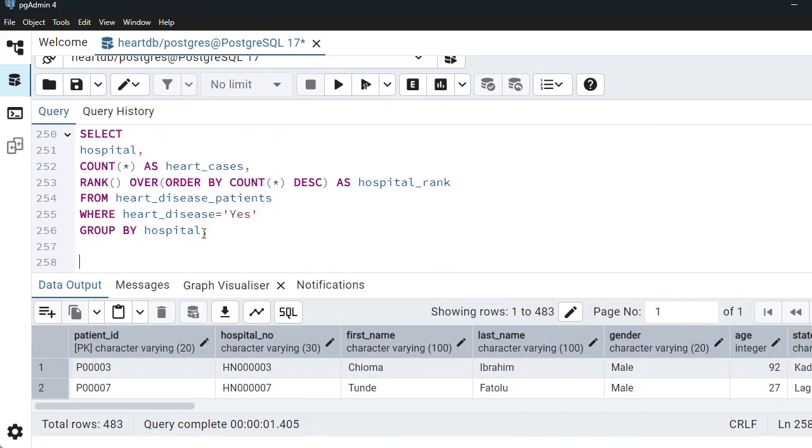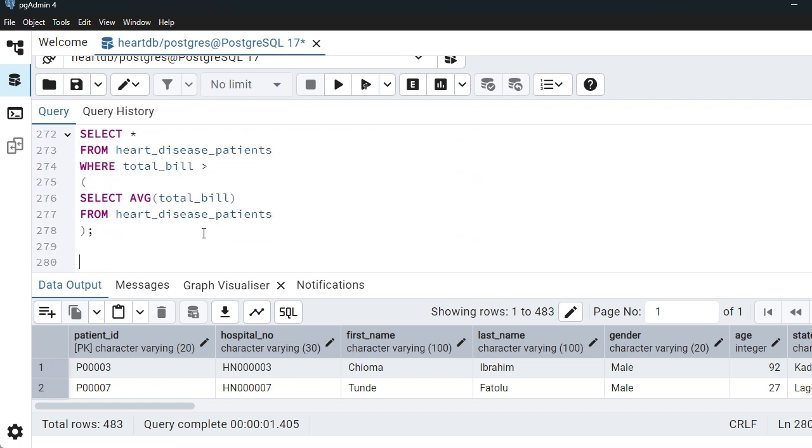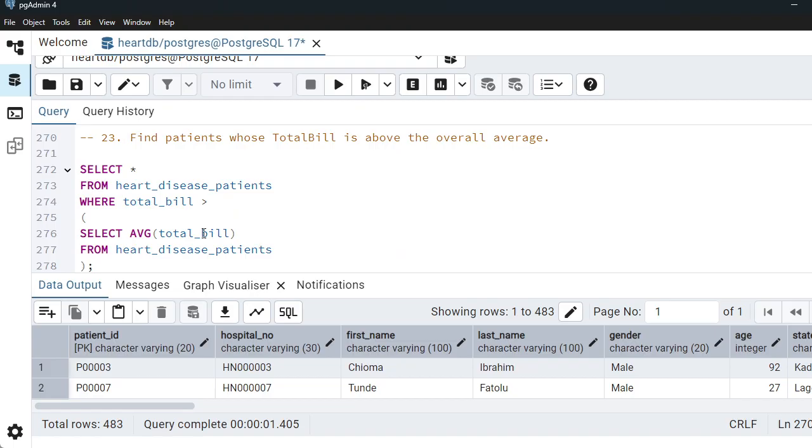So when you go down here now, let me show you. We have the patients whose total bill is above the overall average, right? Now for us to get that, I already selected from the heart disease where total bill is greater than this.